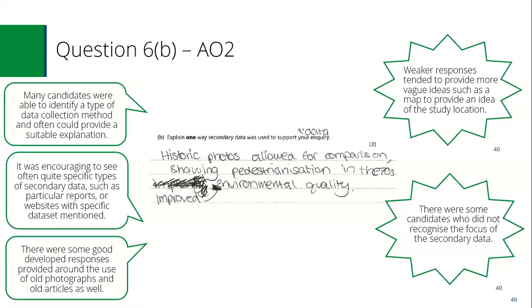However, weaker responses tended to provide more vague ideas, such as a map to provide ideas of a study location, for instance. So it wasn't fully developed, or it's just too vague, if you like, and too broad. There were some candidates, unfortunately, who did not recognize the focus was on secondary data and developed their primary data instead. So again, learning those key elements is really important.